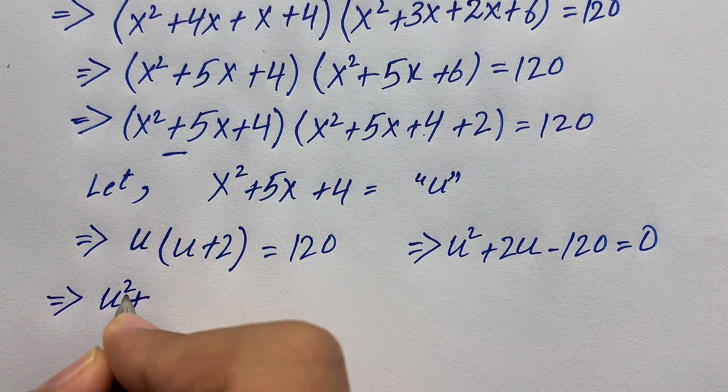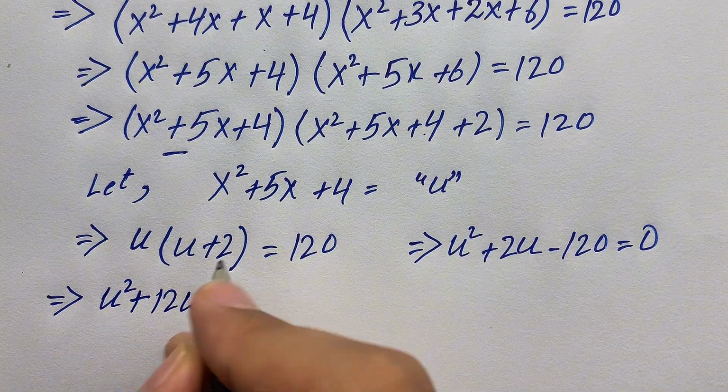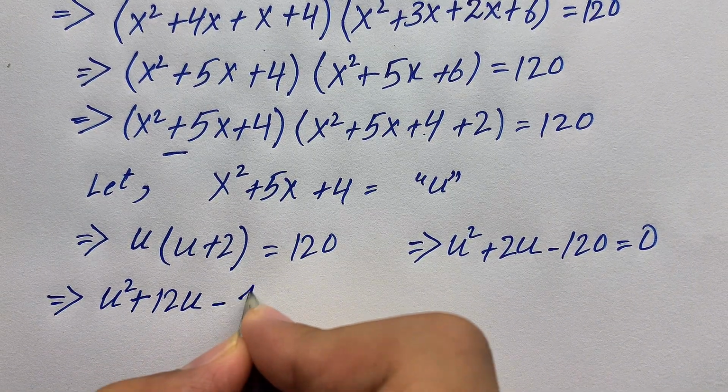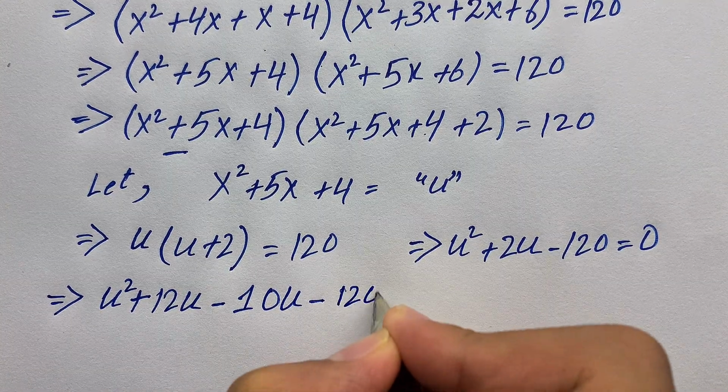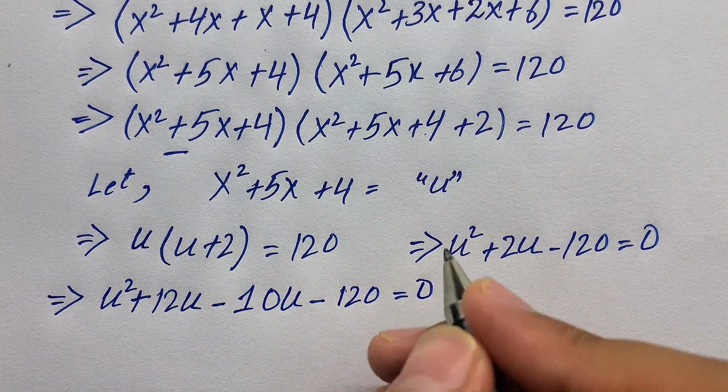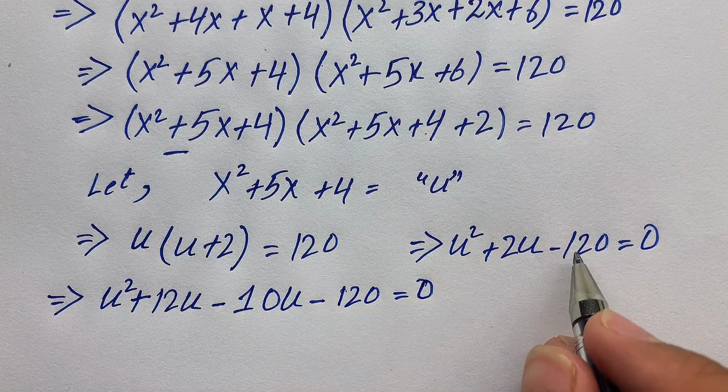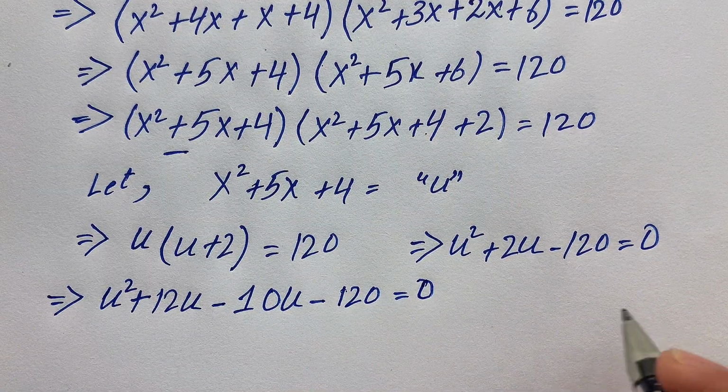u square plus 12u minus 10u minus 120 is equal to 0. As you noted, 120 is also 12 into 10.